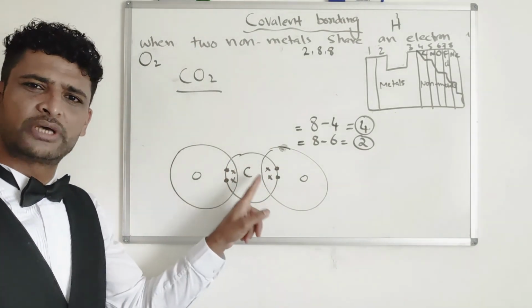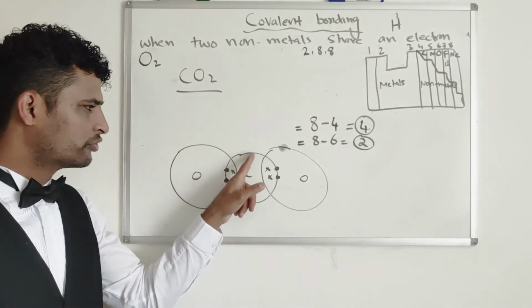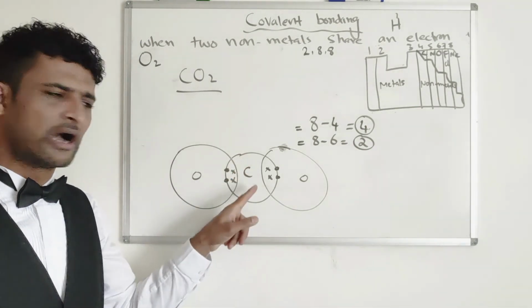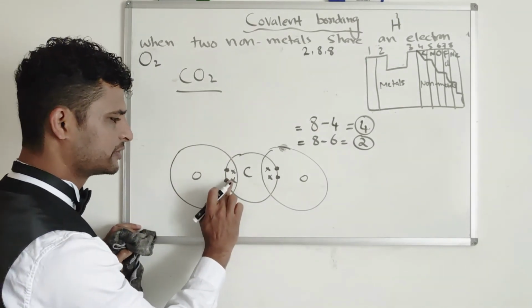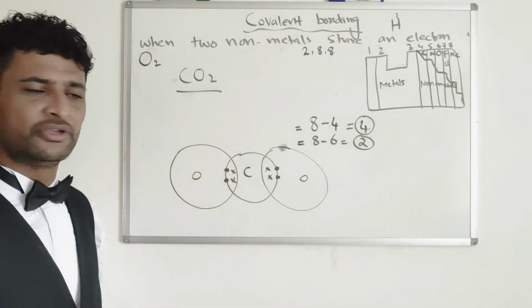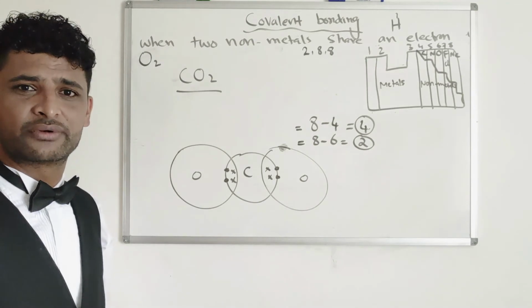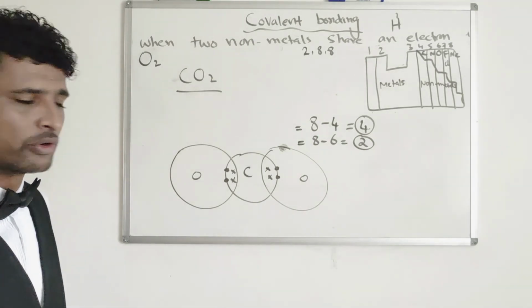All of the 4 are shared, so you do not need to write down any other electrons outside the shared area. They are already utilized. Now carbon has 4 plus 4, 8, and is stable. You have to achieve 8 electrons in the outer shell, whether they are shared or lone pairs.